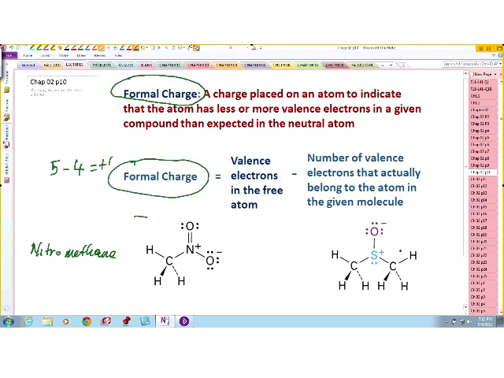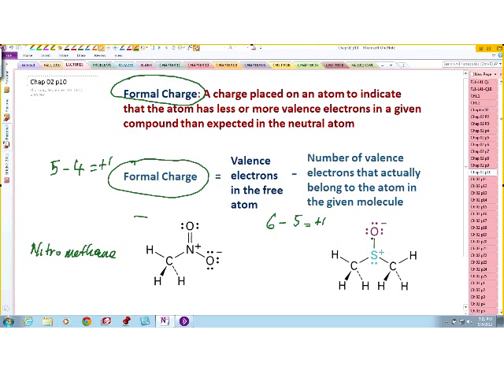But it has 3. So we do the same thing. The valence electron count for sulfur is 6, right? 6 minus how many electrons actually belong to it here? 5. 1, 2, 3, 4, 5. So we place a plus charge on sulfur.